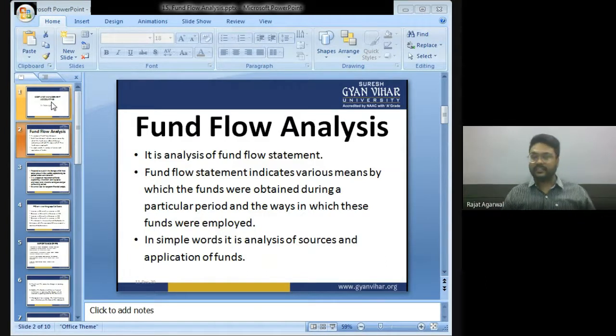A fund flow statement indicates various means by which funds were obtained during a particular period and the way in which these funds were employed.